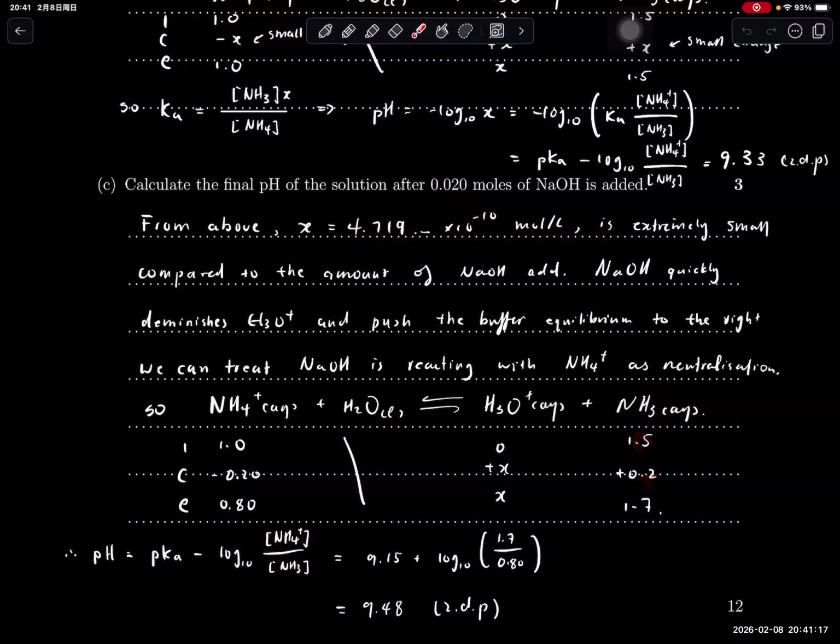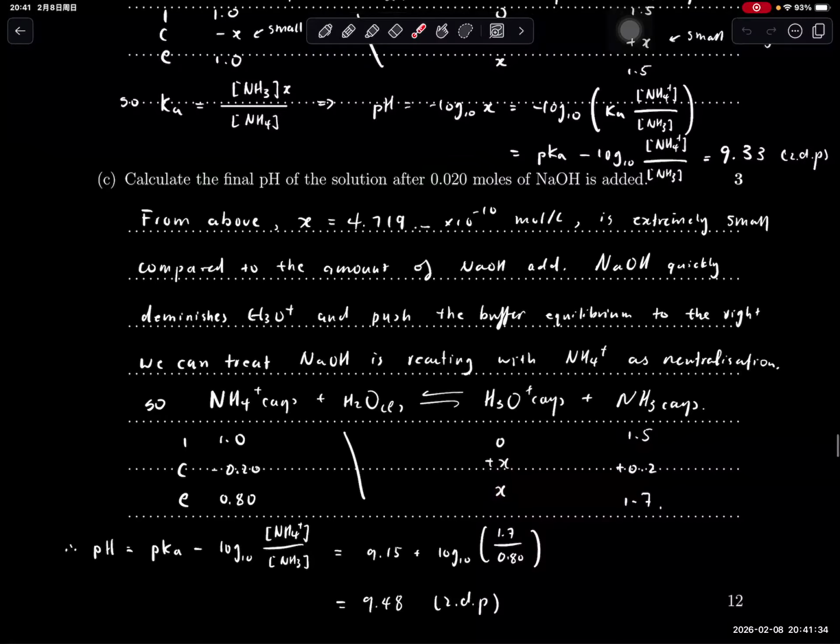So you start with this, you end up with 1.7, and then whatever X is, you want to find this. I should name this a different symbol, maybe Y, because it's literally a different symbol, but I just used X. I'm saying that if you add this disturbance, what is the new concentration of the hydronium ion? So you can use the Henderson-Hasselbalch equation.